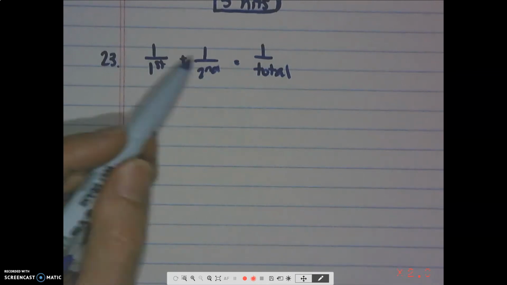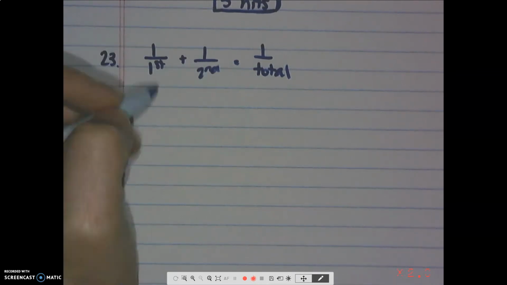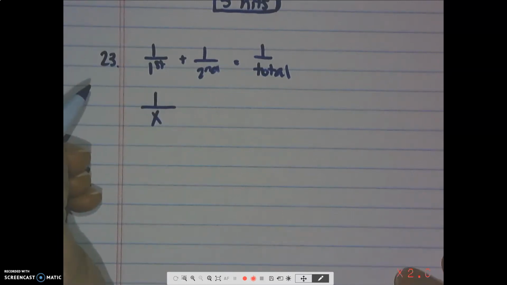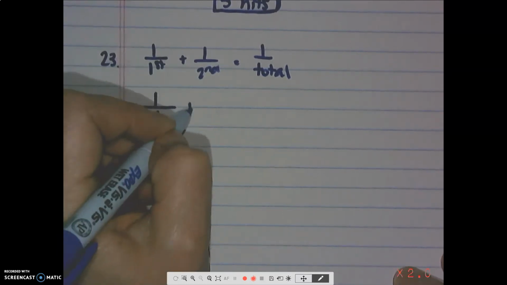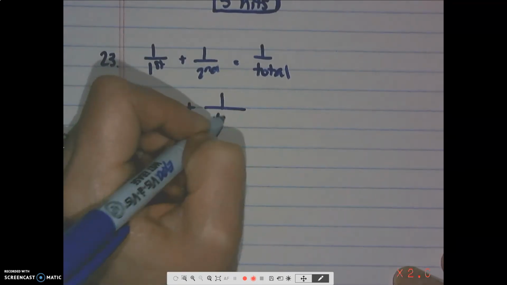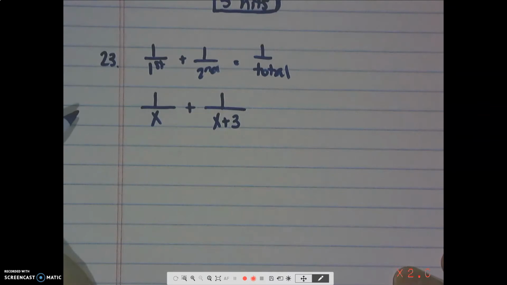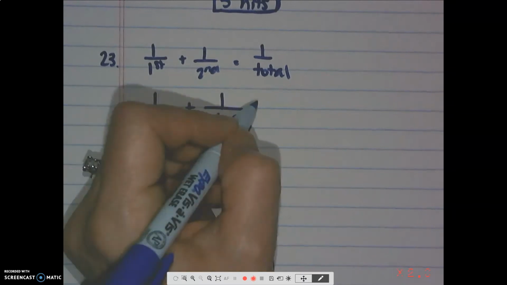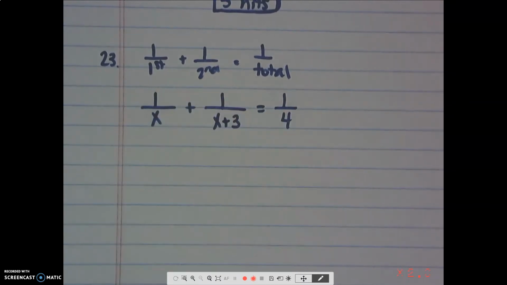Okay, same thing here. So if we're looking at this, we have the big pipe can do it, okay, in X number of hours, and the small pipe can do it in 3 hours more. Okay, that means that since it's a smaller pipe, not as much is going to go through, and it takes 4 hours for them to work together on this.